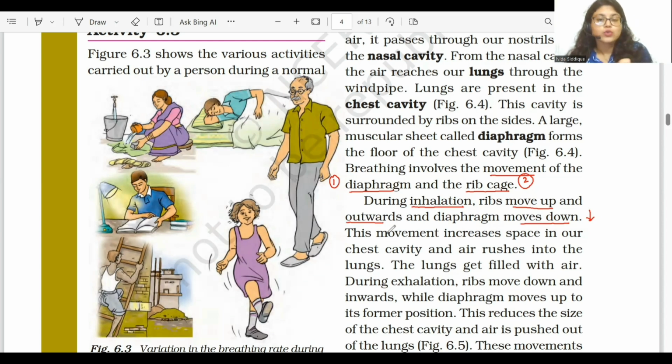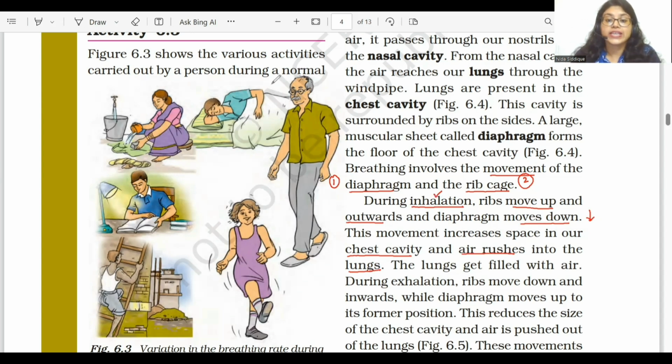It moves down to increase the chest cavity, and as a result, air will rush inside the lungs. Our lungs will be filled with a larger amount of air. The diaphragm is moving down to create more space for the air to gush into the lungs. So the lungs get filled with air. That is what happens during inhalation.